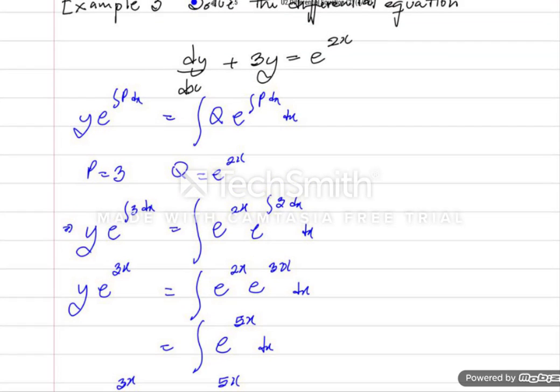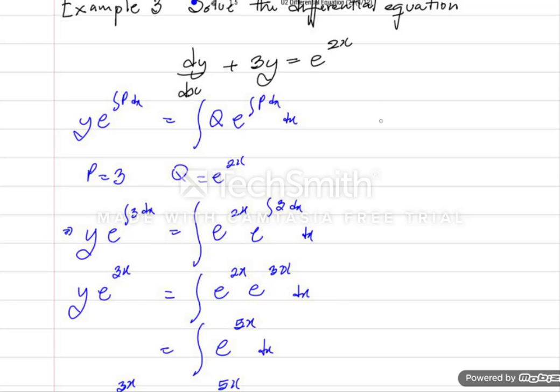And this would be y is equal to 1/5 e to the 2x plus c e to the minus 3x. So that would be the solution for example number 3.